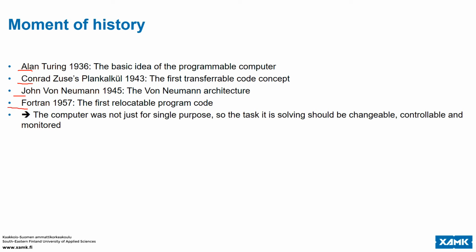And then in 1957 we had Fortran, which was the first real relocatable high-level programming language. All of this development led to the computer not being single purpose anymore, so you could solve different problems on one computer just by changing the software code that was run on the computer.